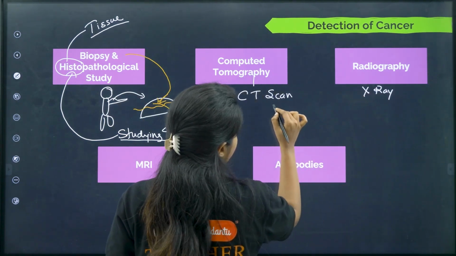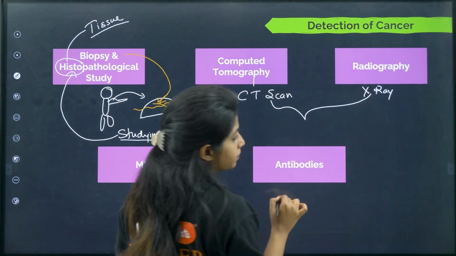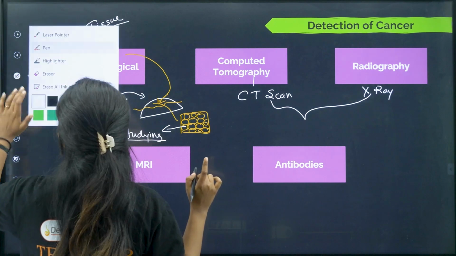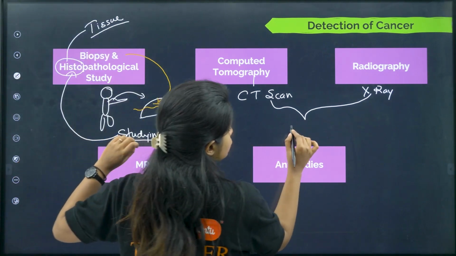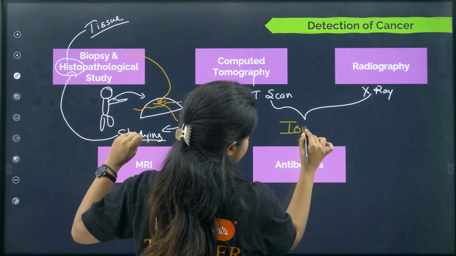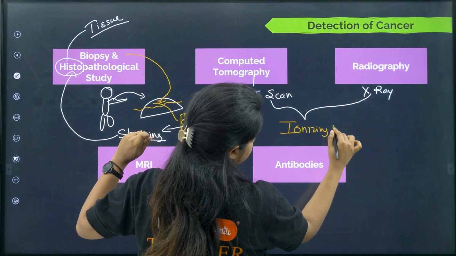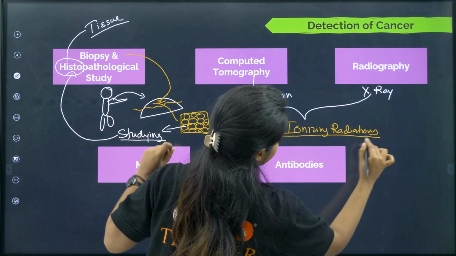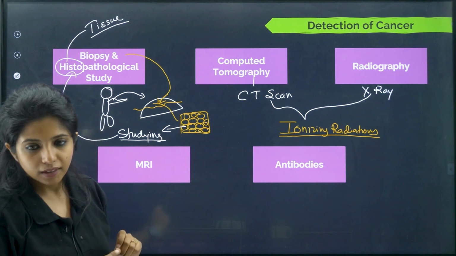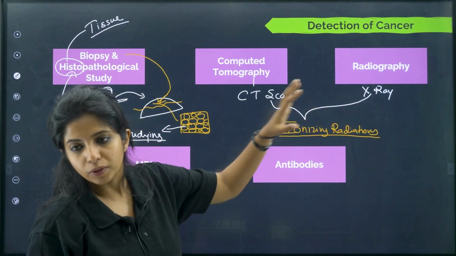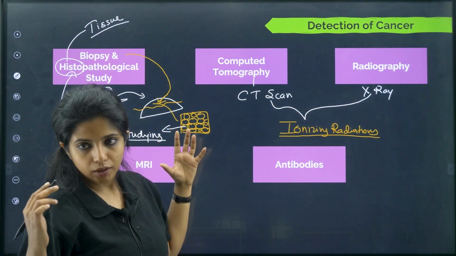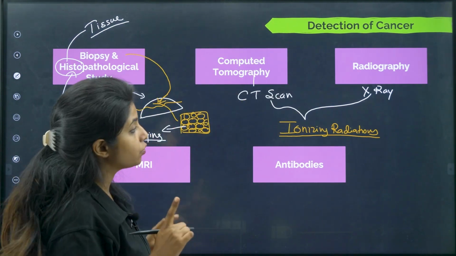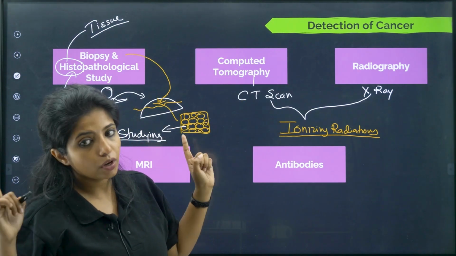Over here you have to understand one thing, that in both of these you are using ionizing radiations, that is X-rays itself. One will be giving you a 2D image, the other one won't, so you won't be able to find it out. But you are using ionizing radiation, which is not very good for your body.